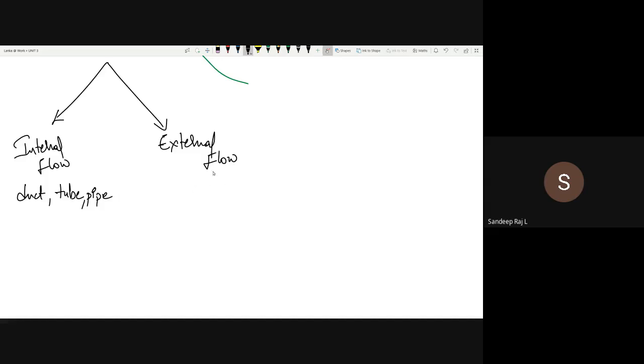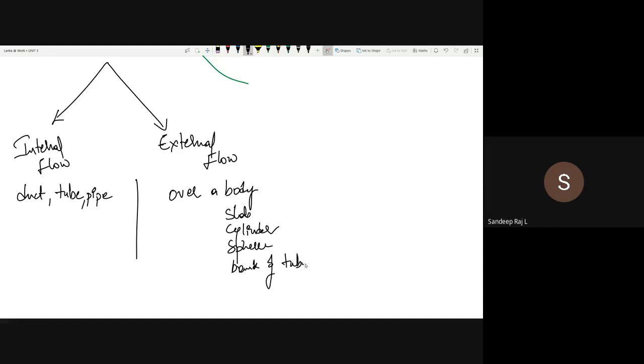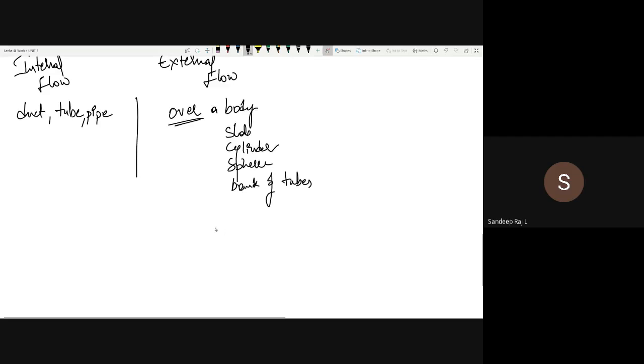In external flow, fluid will be flowing over a body. The body can be a slab, a cylinder, a sphere, a bank of tubes, it can be anything. If the fluid is flowing over a body, then we call it external flow.